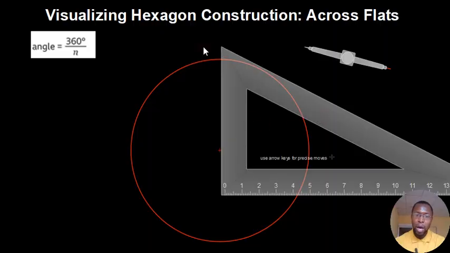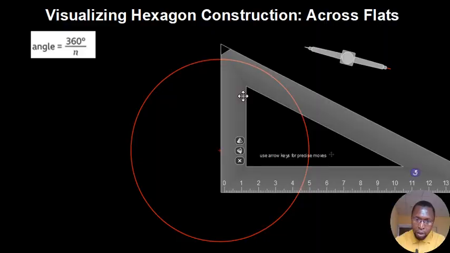This is the center of my circle already. So I will get my pencil and my ruler in your own case, and then draw a vertical straight line. So that's the second step using this across flat method.